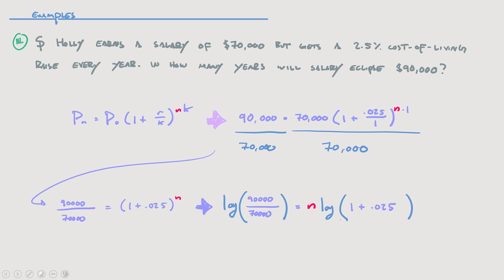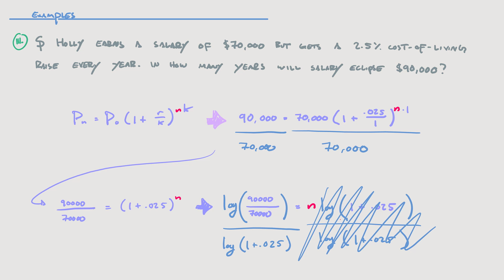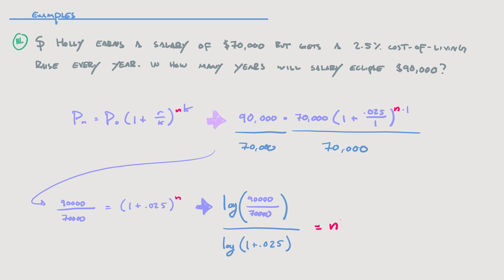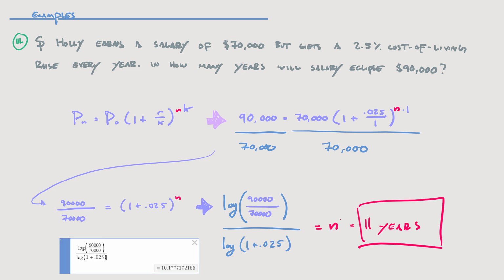So I did that. Now I have n times the log of 1 plus 0.025, which is a number. So I'm going to divide both sides by that particular number to get n by itself. And then according to Desmos, we get 10.17 years. But since Holly only gets these raises every year, she can't get it in the middle of a year. So at the 11th year, she'd be past 90,000.